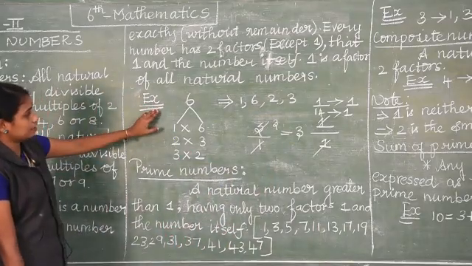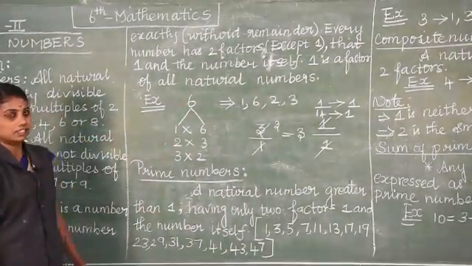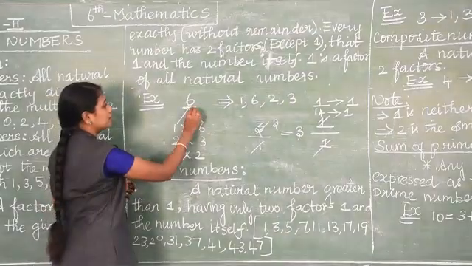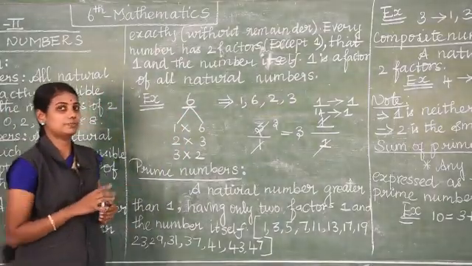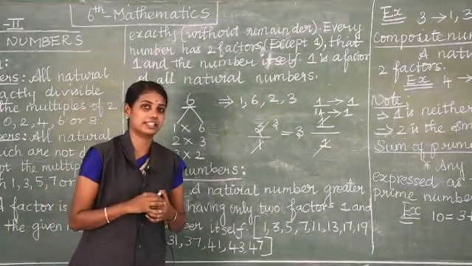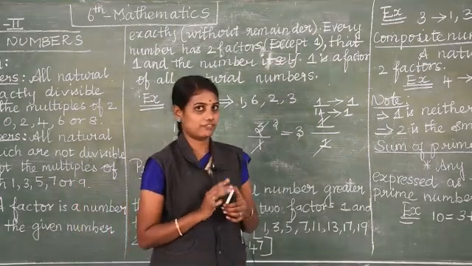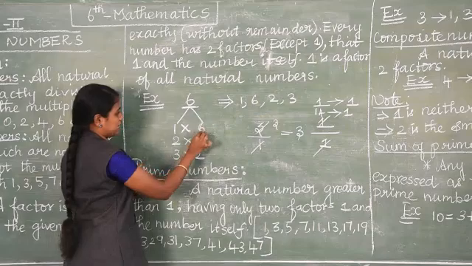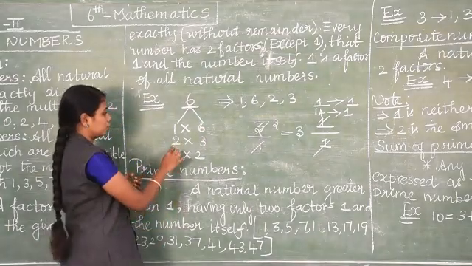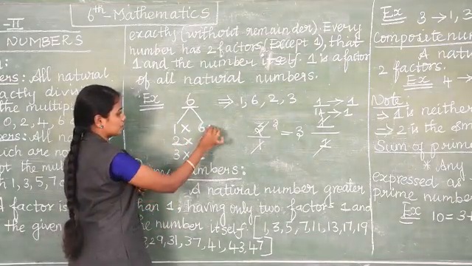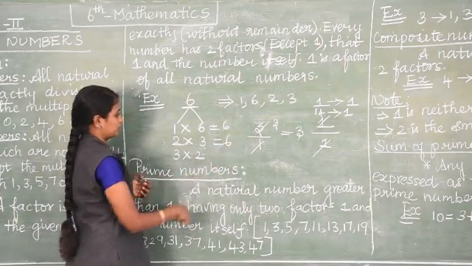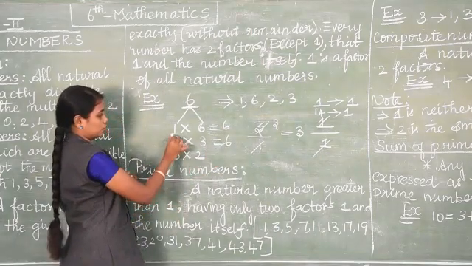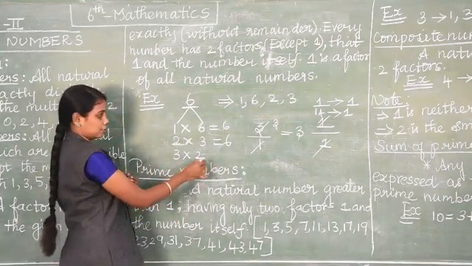Now for an example, I have taken the number 6. Every number can be written as a multiple of numbers, that is the factors. So 6 will come in the one table, 1 into 6, then the 2 table, 2 into 3 is 6, then 3 into 2 is 6.